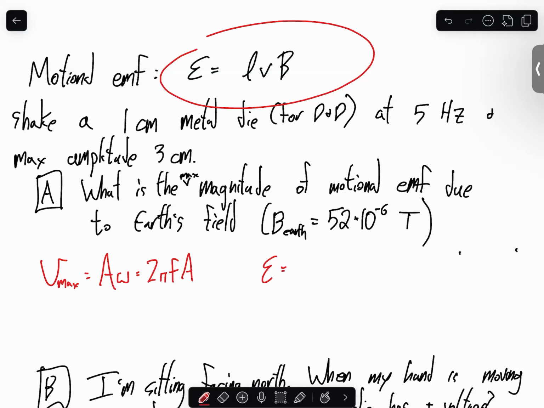At the end of the day, I want induced EMF, so I would do L 2 pi f A B, and I get 1 centimeter times 2 pi times 5 hertz times 3 centimeters times the magnetic field of the Earth. And plug in any number.